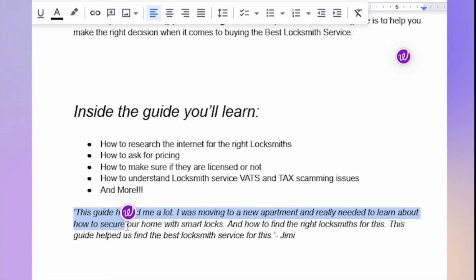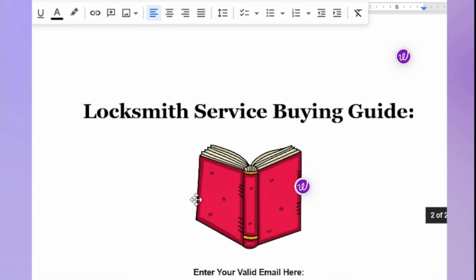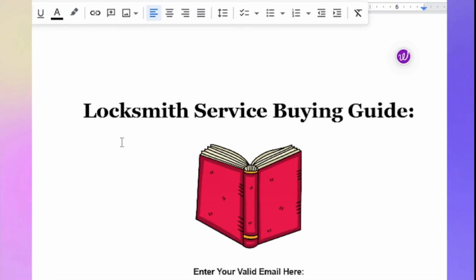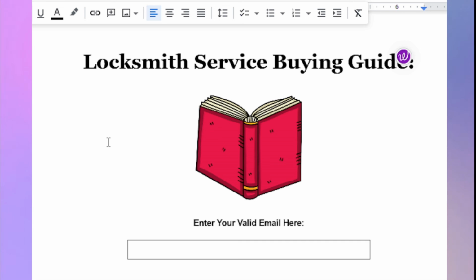We used a testimonial to convince them that this guide is actually legit. And finally, another A for action. In this part, we called them to take the necessary action, and that is downloading the guide instantly using their emails. With this, we conclude our raw copywriting process.